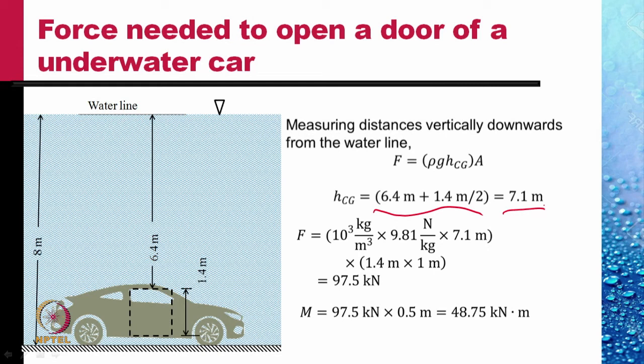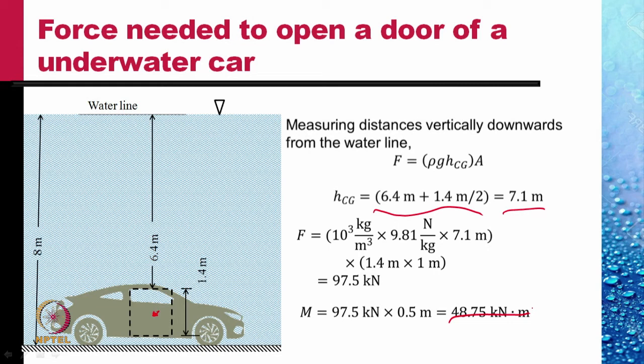The moment he would need to apply would be this force into 0.5 meters, if he applies a force at the middle of the door, which is 48.75 kilonewton meter.